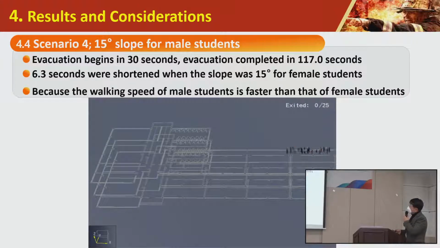Evacuation completes in 115 seconds. 6.3 seconds were shortened compared to 15 degrees for female students, because the walking speed of male students is faster than that of female students.